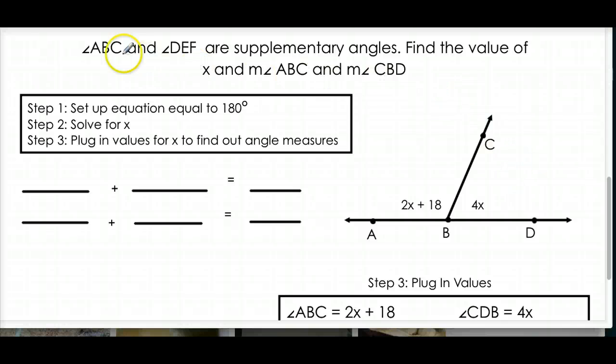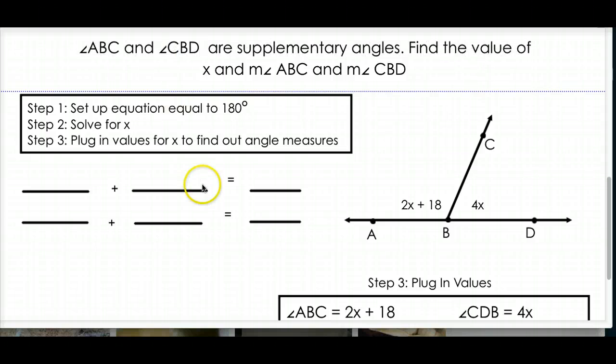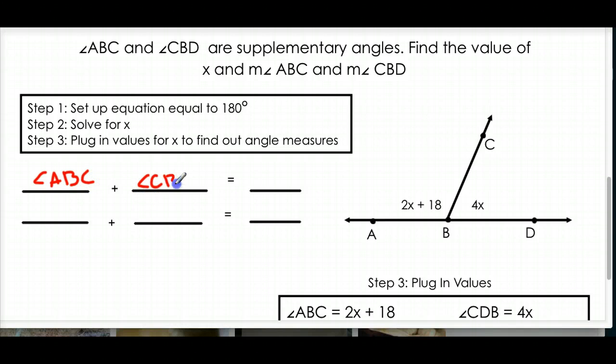All right, final question. ABC, and that is miswritten. Silly mistakes again. ABC and CBD are supplementary angles. Once again, find x, ABC, and CBD. So angle ABC plus angle CBD are supplementary, so they add up to 180 degrees.